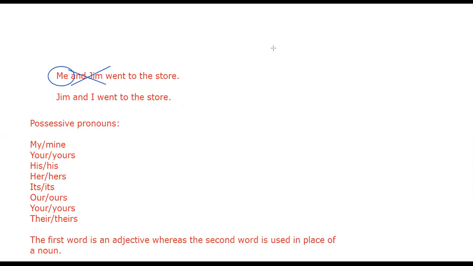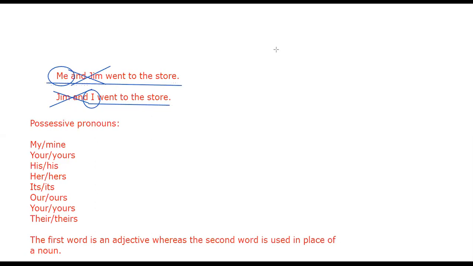No. So if you have problems understanding when to use me and when to use I, just take out the other subject. If you have more than one subject in the sentence, in this case the second subject is Jim, just take that out and see if the sentence makes sense. So if we take out Jim here, along with the word and, I went to the store makes perfect sense, but me went to the store does not.